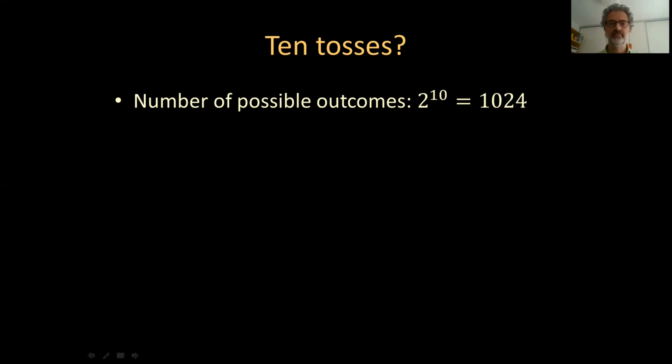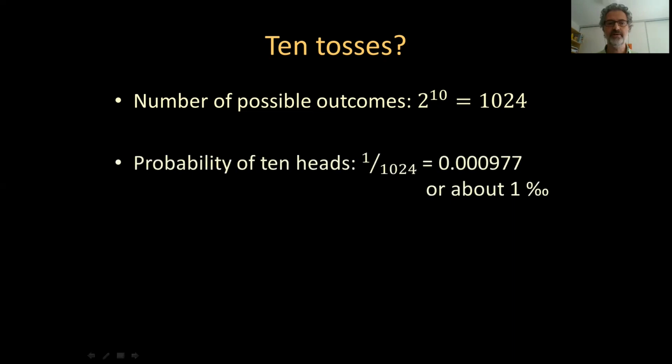Okay, so how likely is it to get 10 heads in 10 coin tosses? Well, there's obviously only one way to get that. You have to get heads every time for this to happen. So there's one way for this to happen divided by 1,024 possible patterns.